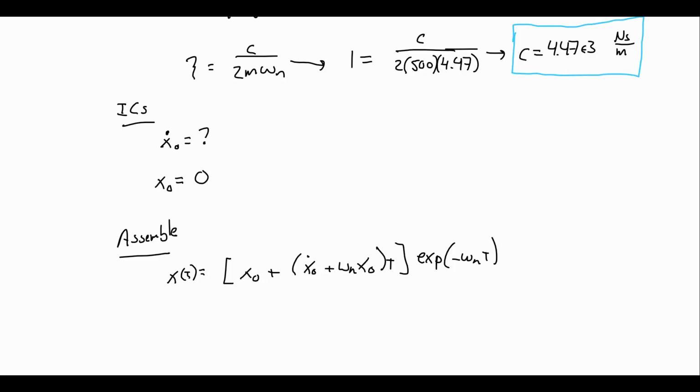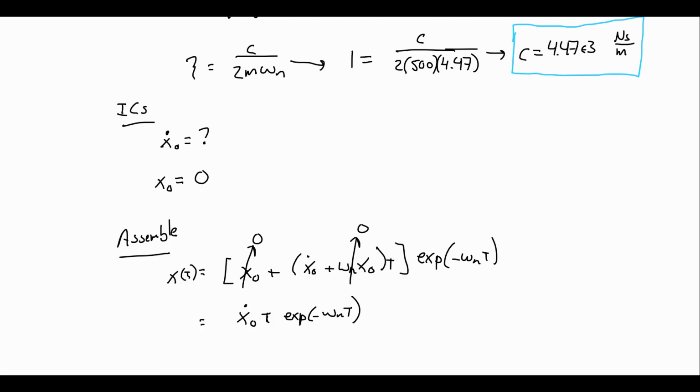All right, so again, based on our initial conditions, we know this is 0 and this is 0. So this will simplify down to x naught dot t e to the negative omega n t power, in this case because we have an initial position of 0.